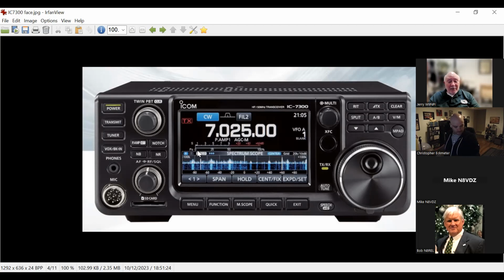This thing has a built-in keyer, which means that you can send Morse code with a special paddle. It'll make the automatic dots and dashes, or dits and dahs. It also has VOX. You can either push your microphone button, or if you talk into the microphone, this will react and turn on.